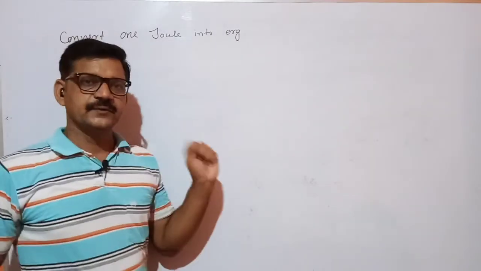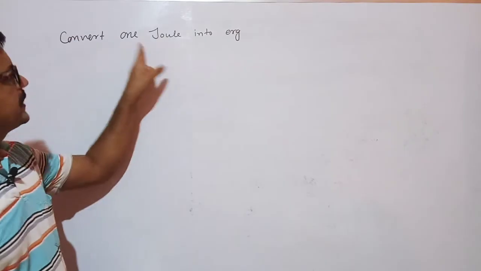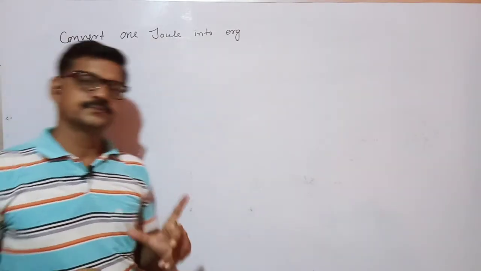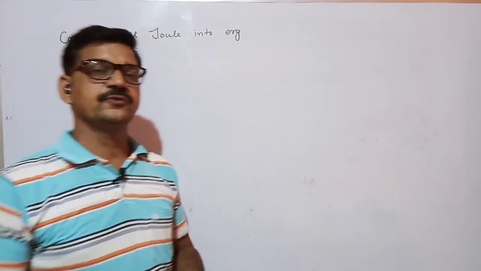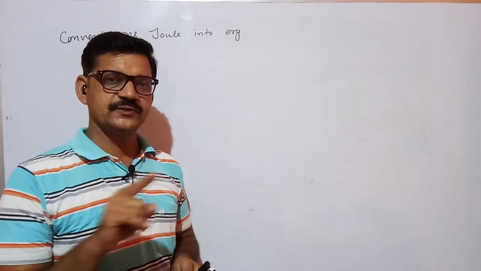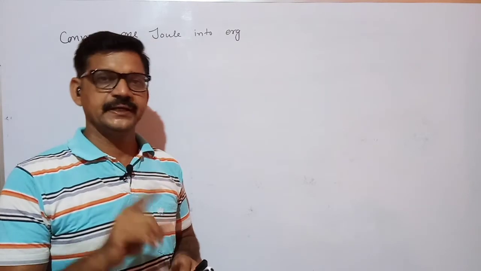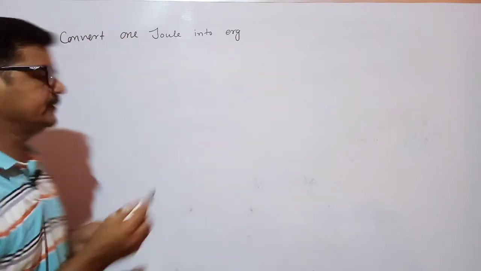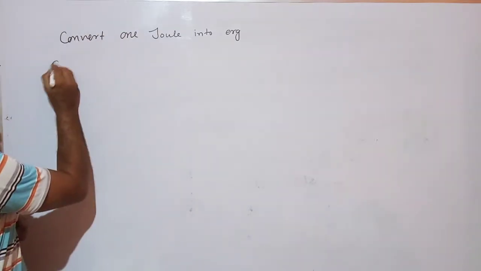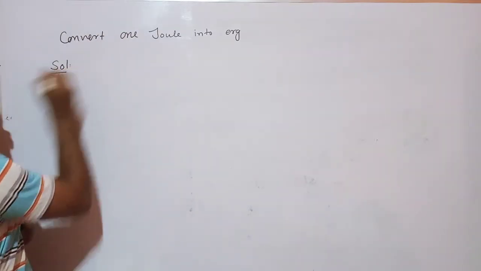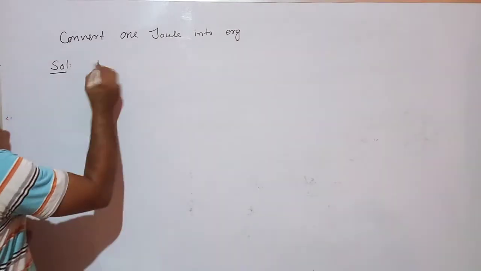So now let us convert 1 joule into erg. So dear students, first of all you should know what a joule is. Joule is the unit of work in the SI system. So it should be known to you. So you should start solving this problem like this.